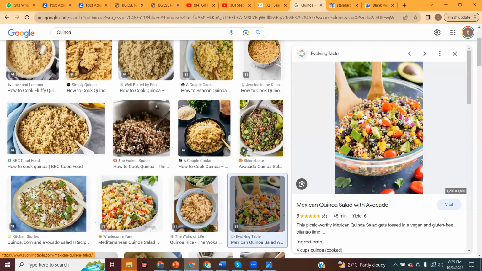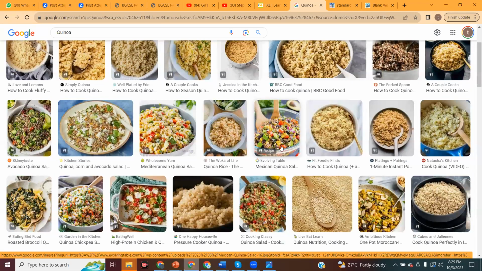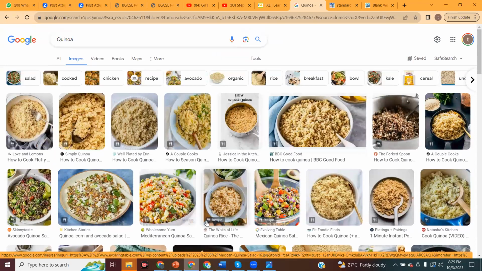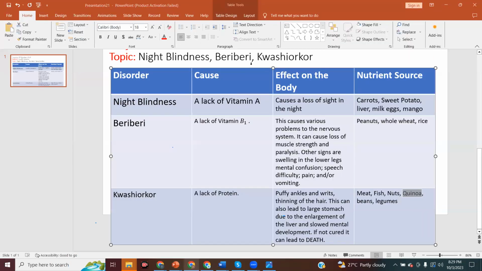Quinoa has a lot of protein in it. Whenever you get a chance to get some quinoa, don't hesitate to try it, because you can get some good protein from it to stop you from getting kwashiorkor.